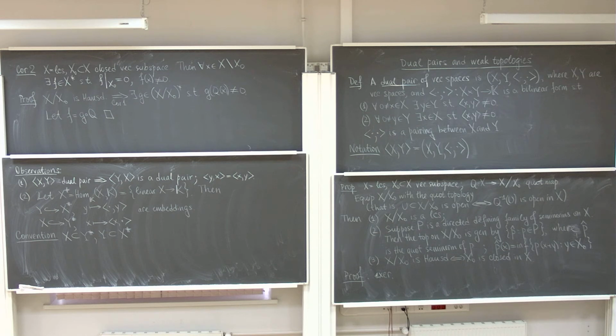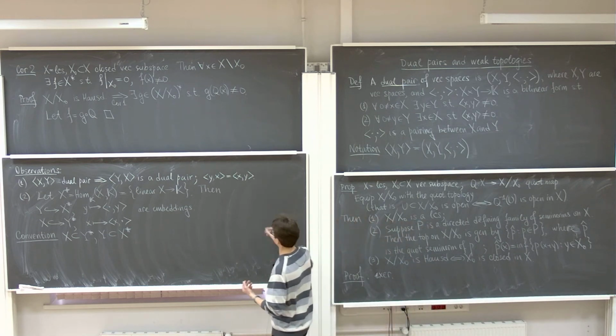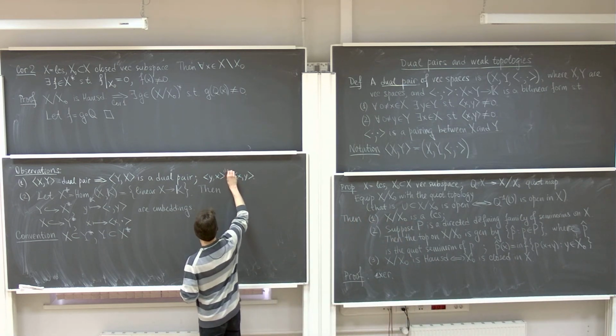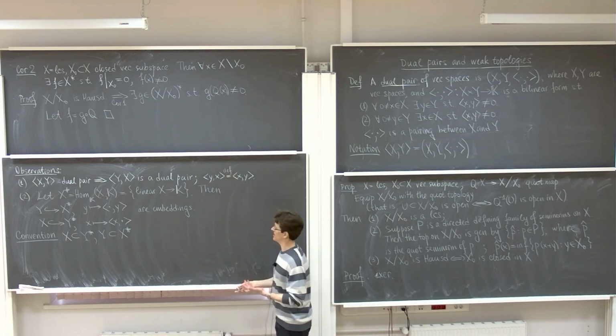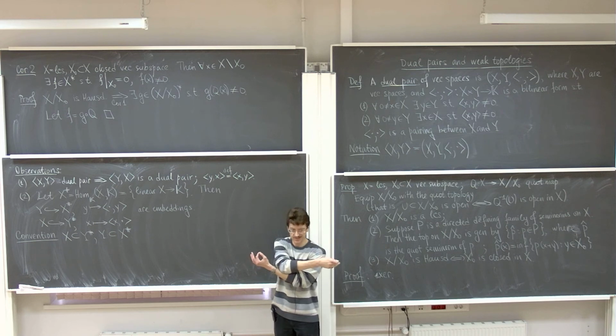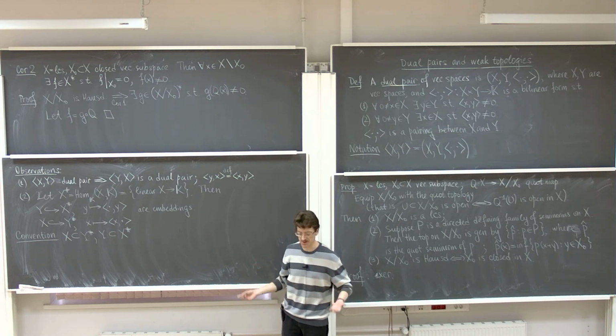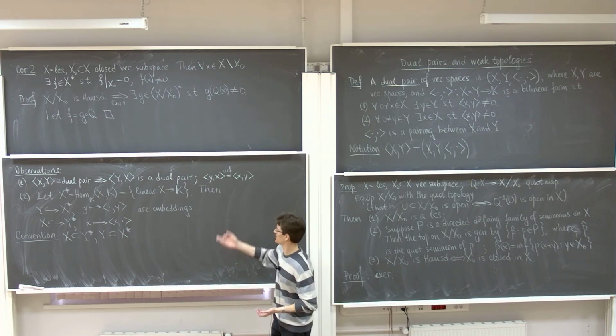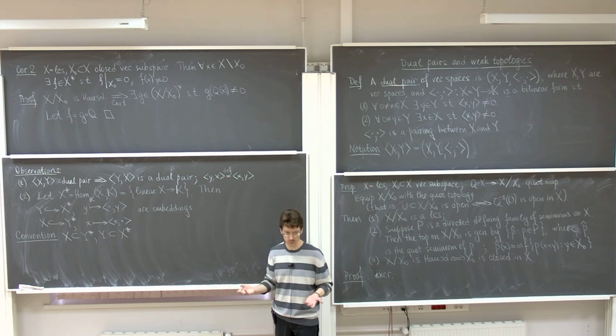By definition, we define a pairing between y and x by means of this formula. So we just interchange x and y. If we have a pairing between x and y, then this formula determines a pairing between y and x. That's it.